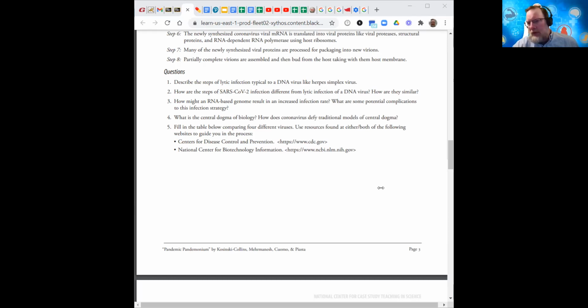Increased infection rate. Well, that increased infection rate, we can evolve a lot faster in the cytoplasm with the RNA. Higher mutation rates of the RNA because you don't have that DNA proofreading going on. So there's a little more checks and balances with the DNA.